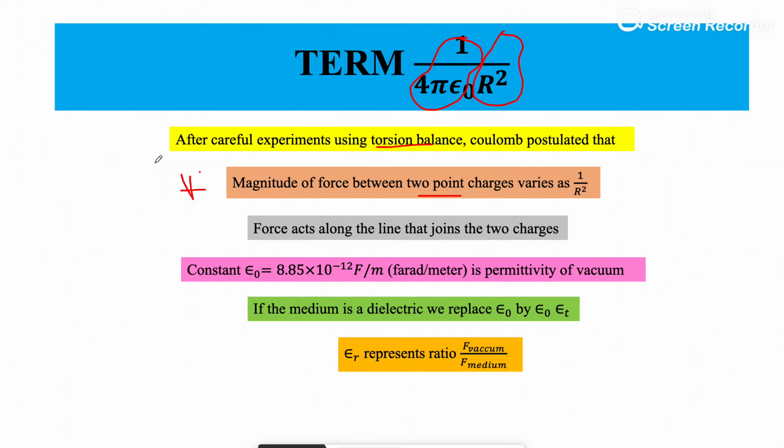Okay, so this force F between two charges varies with 1 by r square. This torsion balance was made by Charles Coulomb himself. He discovered that the magnitude of force is proportional to 1 by r square. This is called the inverse square law.